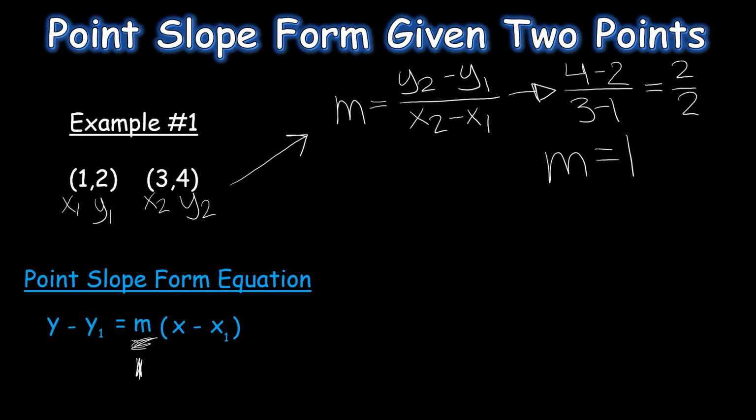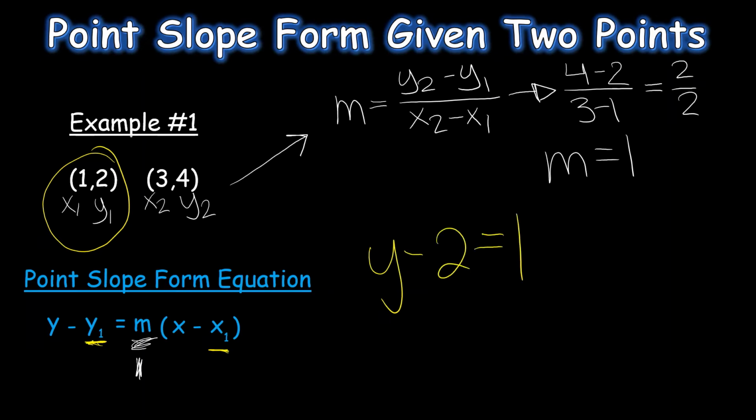And now all we have to do is plug in our given values for y sub 1 and for x sub 1. So our point-slope form equation for example 1 will be y minus 2 equals 1 times x minus 1.